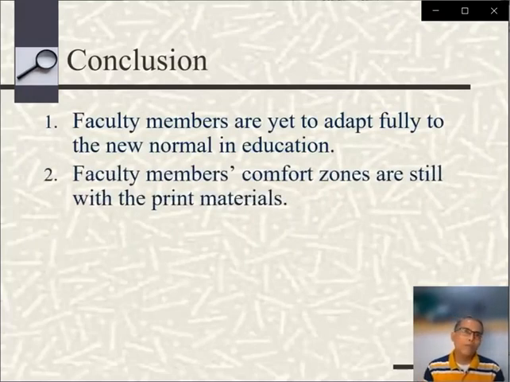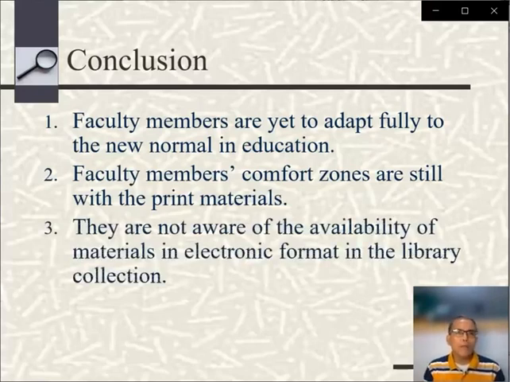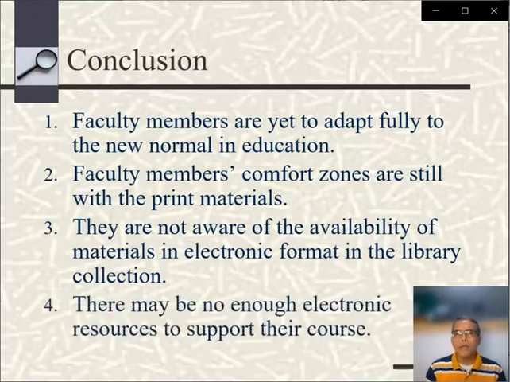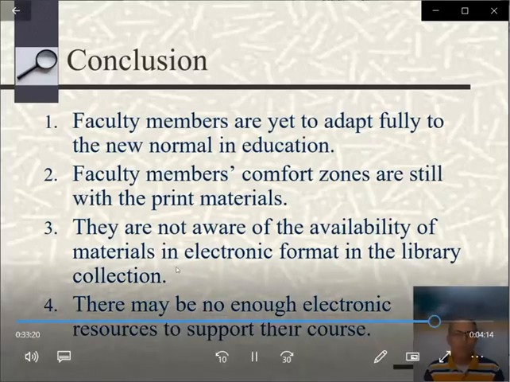Number two, faculty members' comfort zone is still with the print materials. Number three, they are not aware of the availability of materials in electronic format in the library collection. And lastly, there may not be enough electronic resources to support the course.